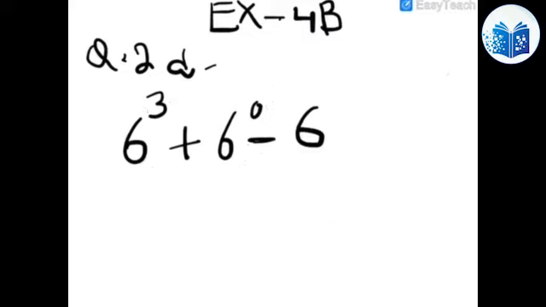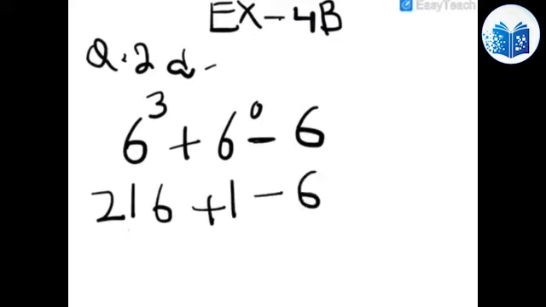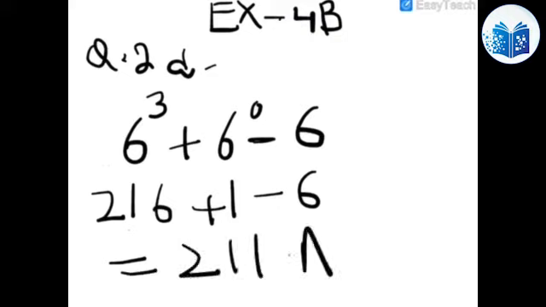We won't make it more complicated. 6 into 6 into 6, 6 cube, is equal to 216, plus 1 minus 6. Right? So we'll have 210 plus 1. 211 is the answer. Okay? Not very difficult. Very easy. Again, it just needs your practice.